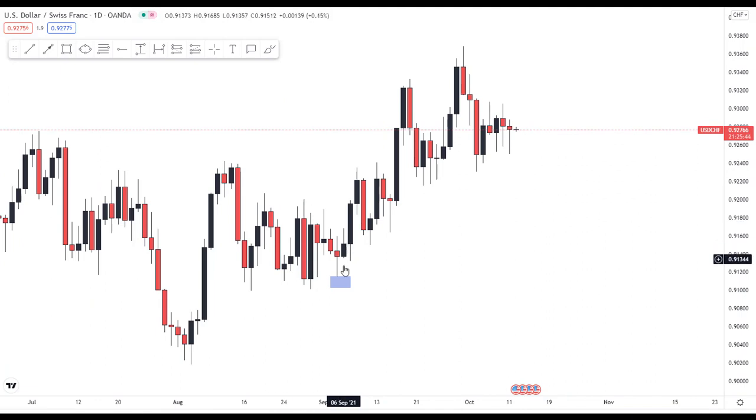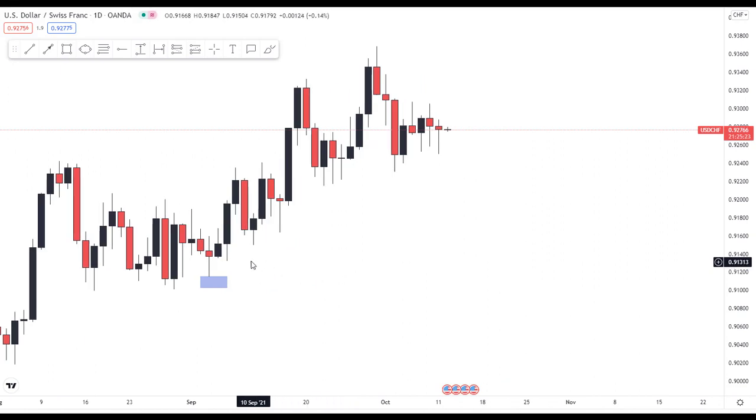So you had the swing low. As you can see, this particular candle closed above the high, or should I say the body, of this particular bearish candle right here. So that's very important. And the wick high was also higher than the wick high of this one candle right here.